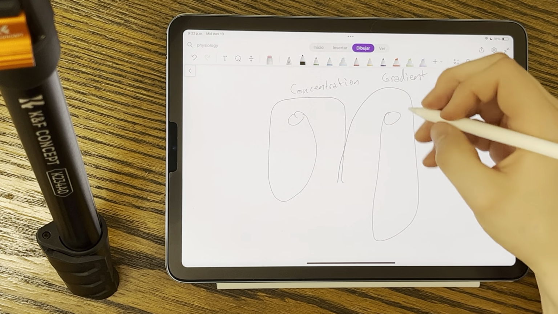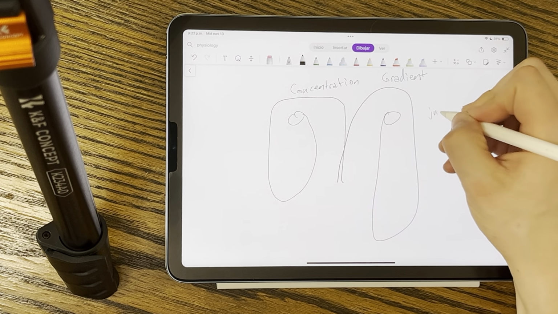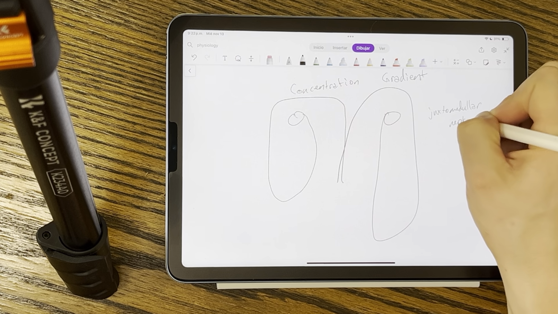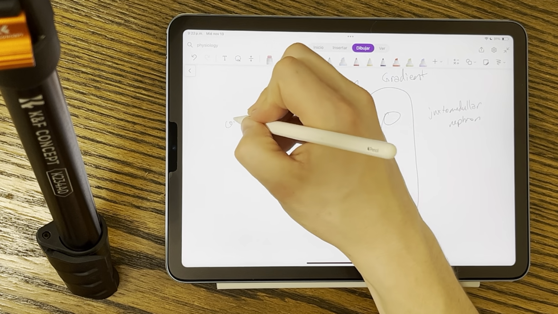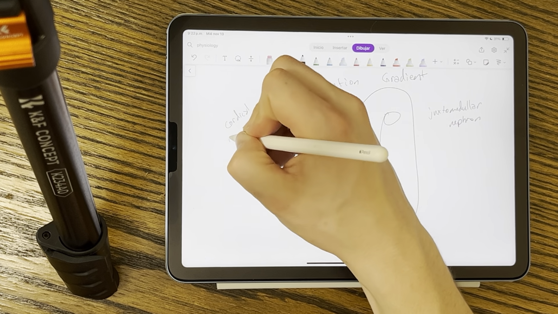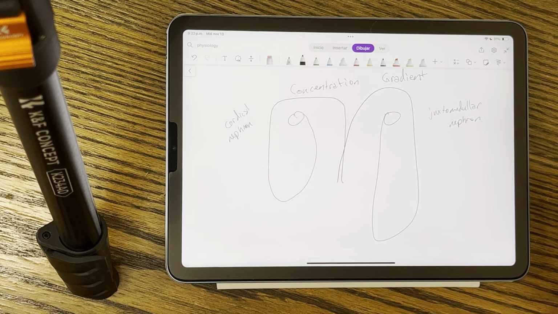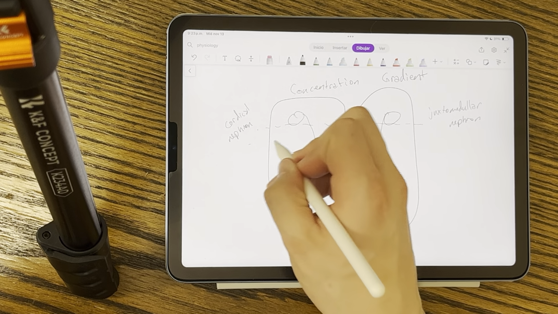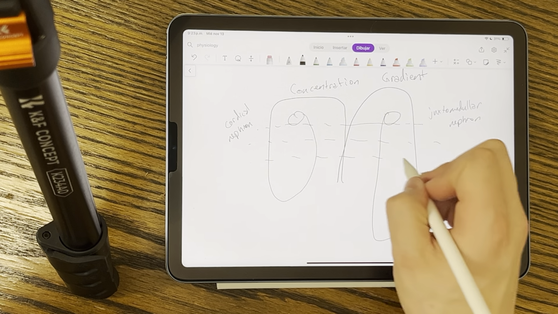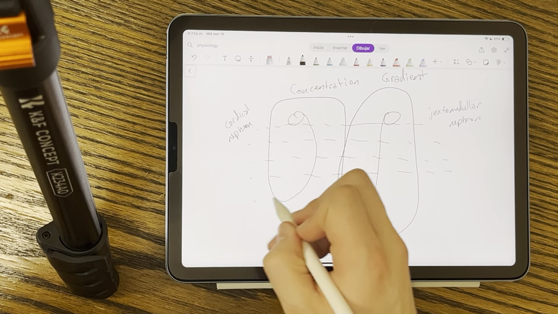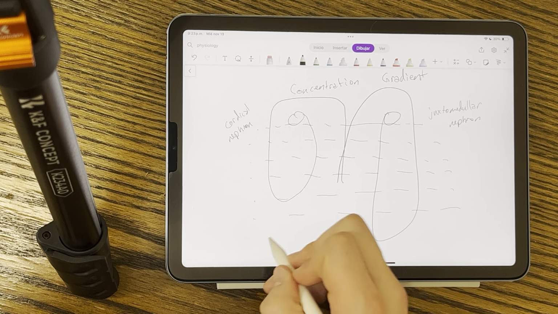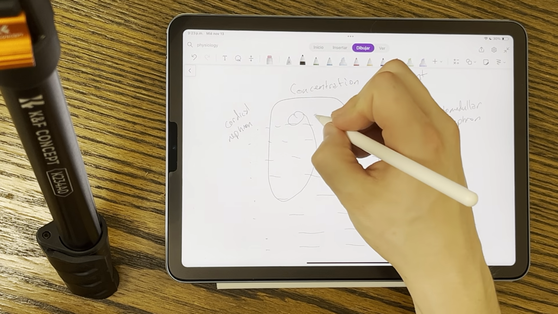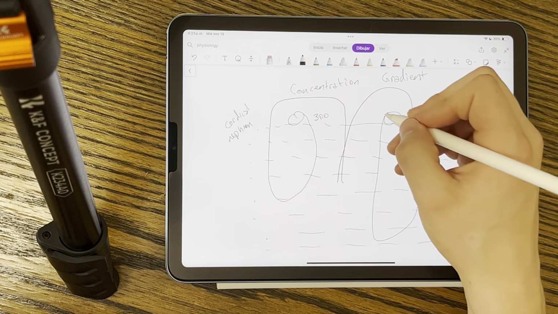Okay, so here we have a juxtamedullary nephron. This one we have a cortical nephron. So in here we have this gradient that is established, and it is established actually through our channels. Okay, so just to give a value, up at the top it's about 300 osmolar.